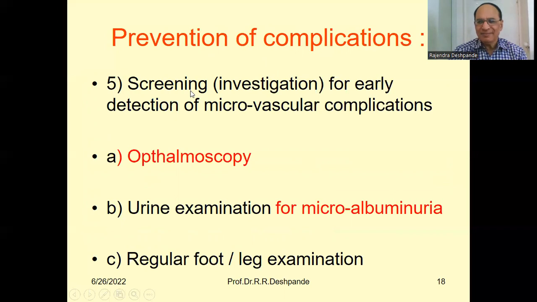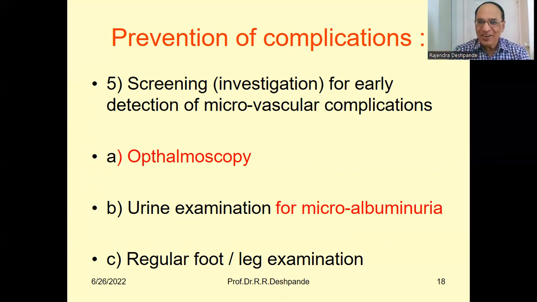Prevention of complications: proper screening, proper investigations for early detection of microvascular complications. Which examinations should you do? Go to the ophthalmologist every 3 months. Yes, a diabetic patient should go without any complaint to the eye specialist, the retina specialist. This is a must, mandatory. Ophthalmoscopy will be done and you will be warned, oh, there are some changes. Or, oh, don't worry, there are no changes.